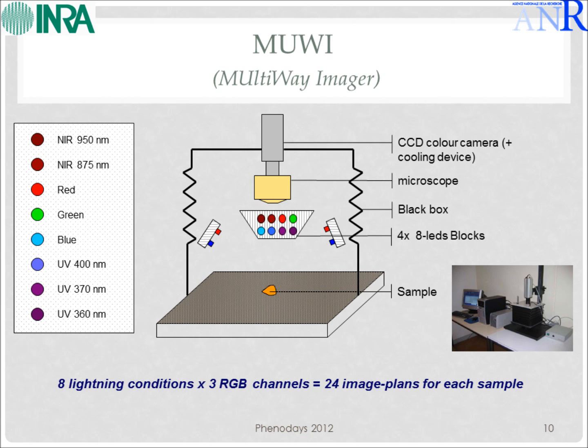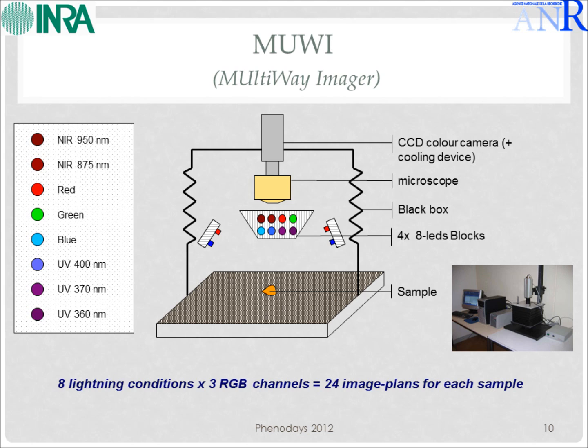Then these kernels are introduced in the multiway imager. The multiway imager is composed of a CCD color camera and 8 wavelengths. These wavelengths come from 3 spectral domains: 2 from the NIR, the near infrared, 3 for the visible, red, green, blue, and 3 from the near UV, one at 360, the other at 370, and the last at 400 nanometers.